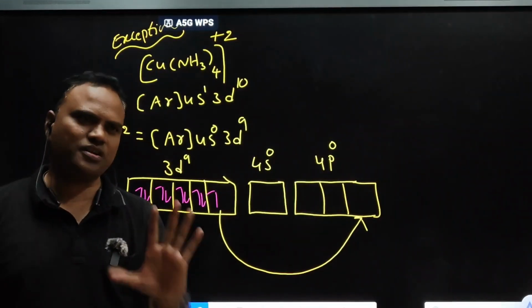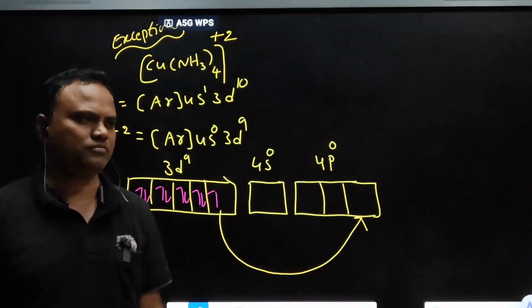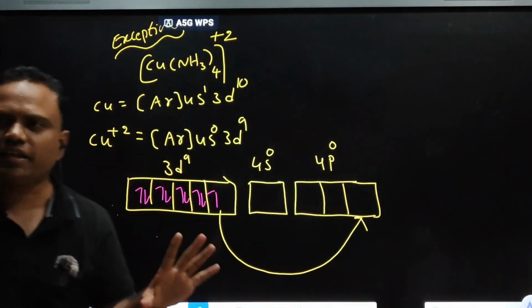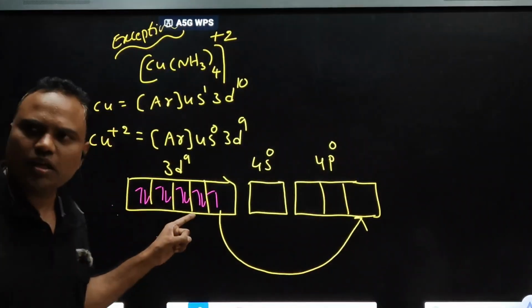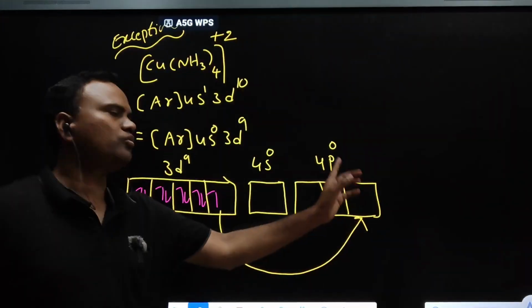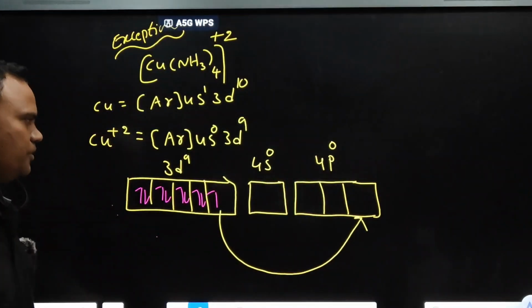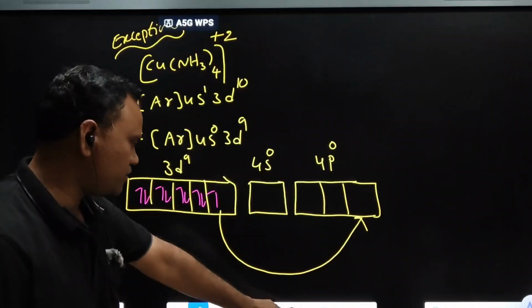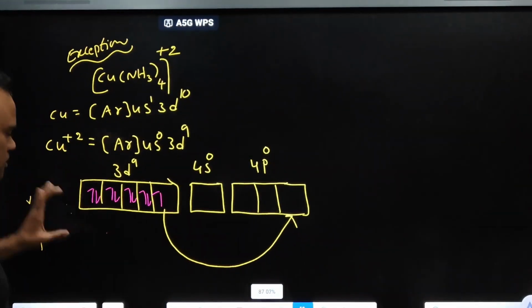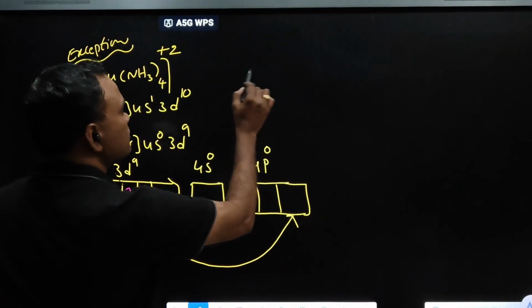Exceptional means exceptional only, and we have a reason also. Cu(NH3)4 is exceptional or not exceptional? What happens in that case? One electron jumps from d to p. So after jumping, tell me the resultant configuration.